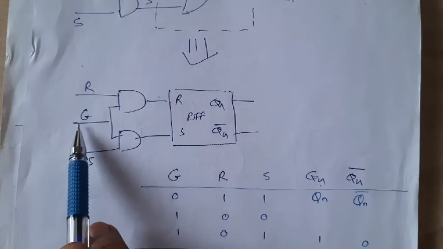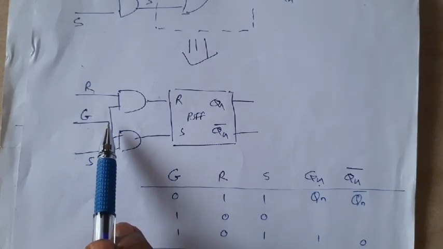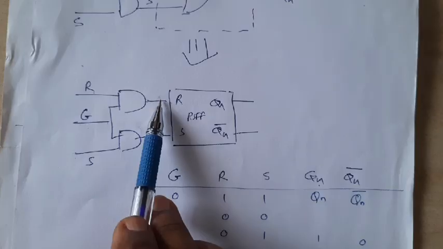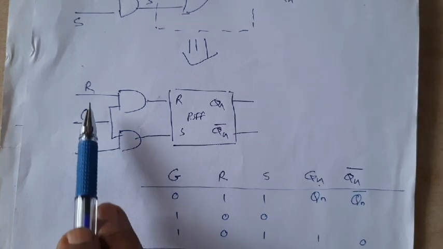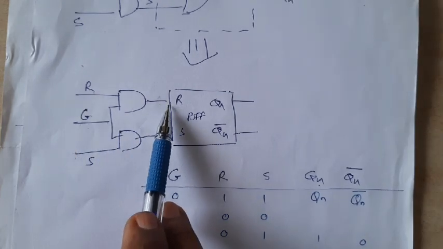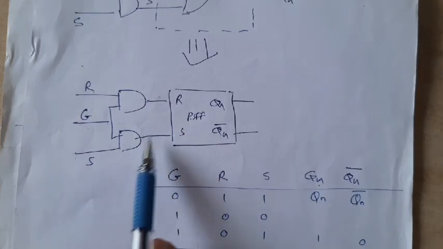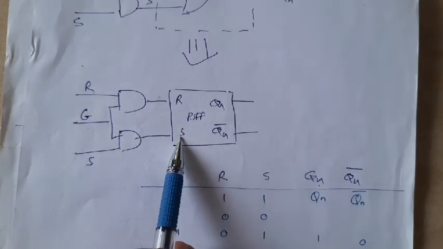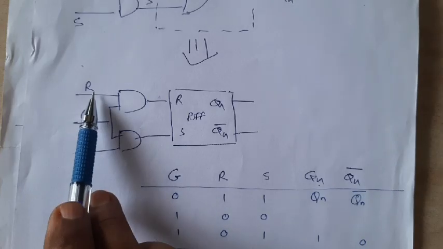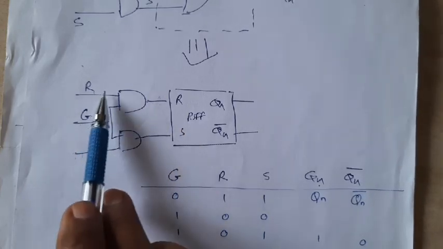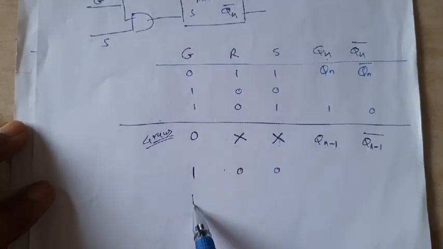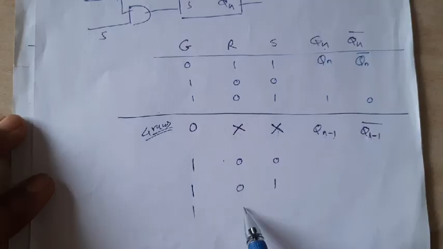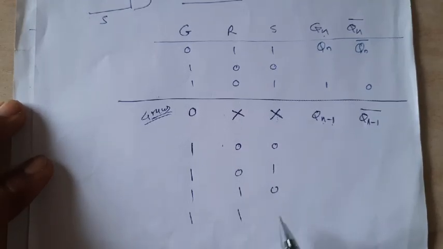But now I can realize that if gate is 1, the role of this gate is just to allow the value of R as the R input of RS flip-flop and S as the S input of RS flip-flop. Now gate is 1, so these values remain as they are. They are allowed to appear as input for the RS flip-flop, and so I will have to consider all 4 combinations: 1 0 0, 1 0 1, 1 1 0, 1 1 1.